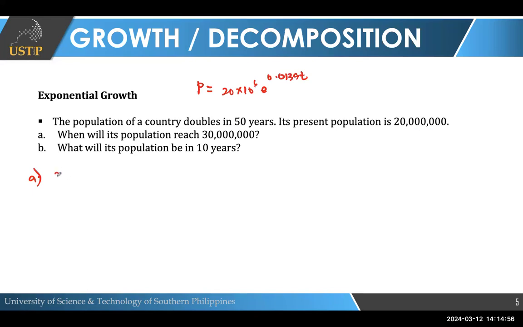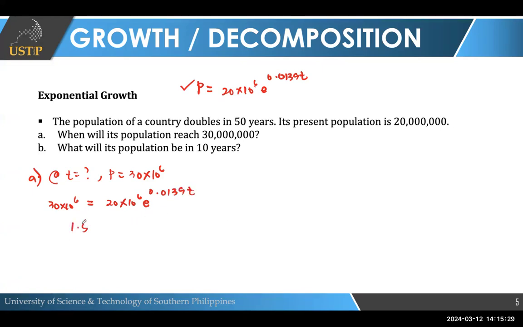So of course, the unknown here is the time. The time is unknown and the population is given, which is 30 million. Okay, this is easy to solve, class. There is only one unknown, and we already have the particular solution. So, we directly substitute the value. Okay, we have 30 times 10 to the 6 for P equals 20 times 10 to the 6 e raised to 0.0139 times t. Okay, t is the unknown.